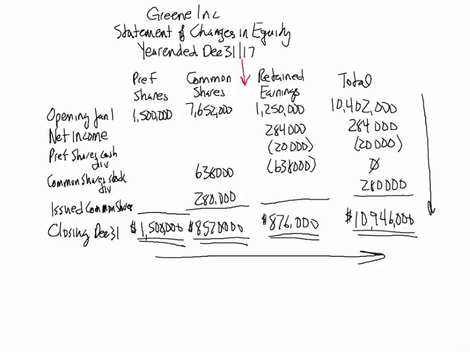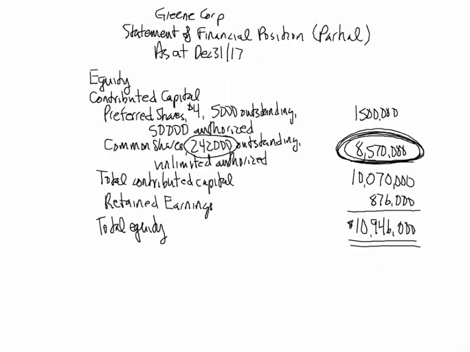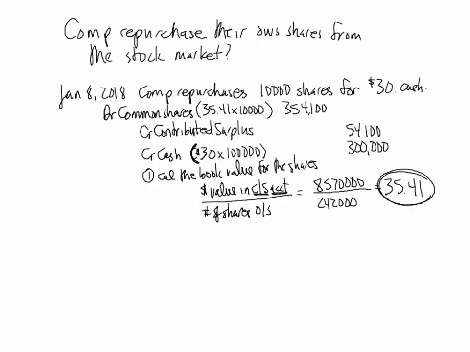The contributed surplus would go right here, and over here it would go right here, because it is part of contributed capital. What has really happened is that shareholders have left value behind. So those subsequent shareholders, the shareholders who stay, are getting the benefit of this $54,100.